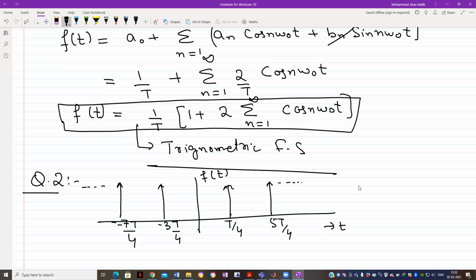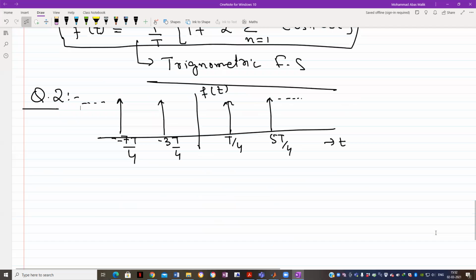Can anybody tell me, is this signal periodic or not? If this is periodic, tell me its fundamental time period. Second question: is this signal even or odd?